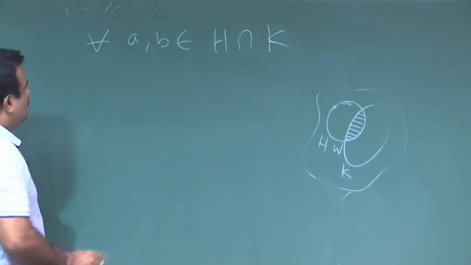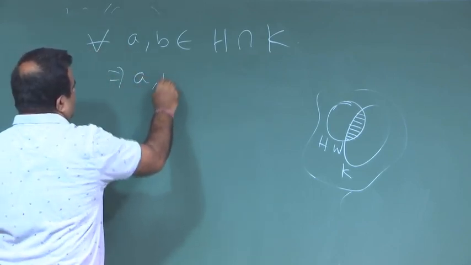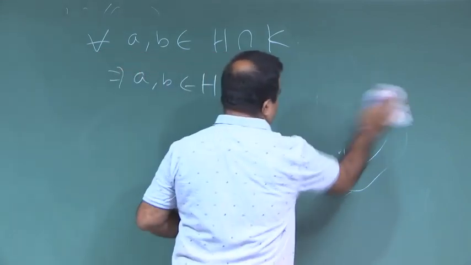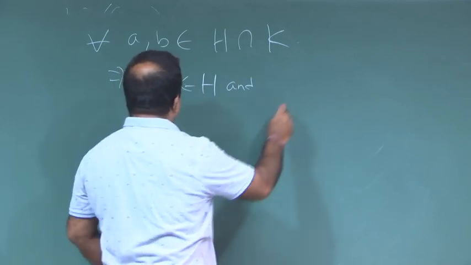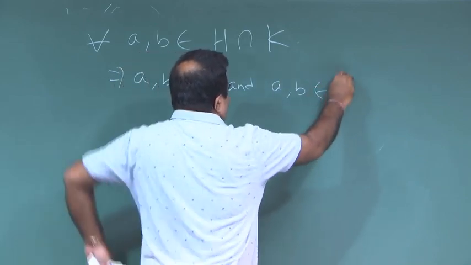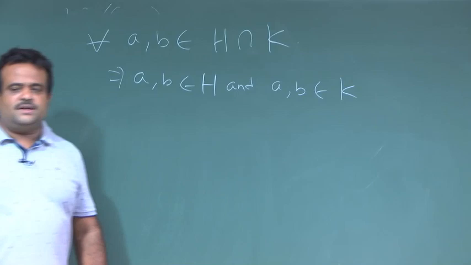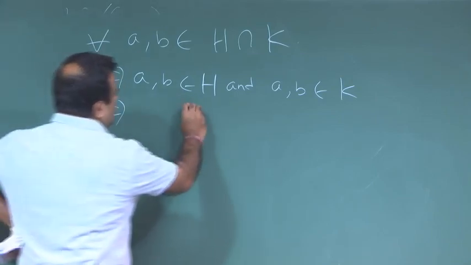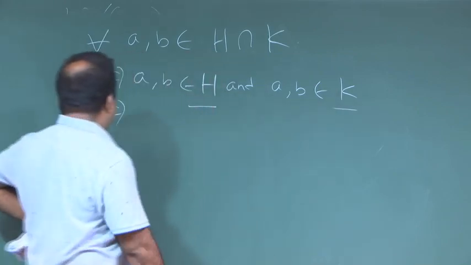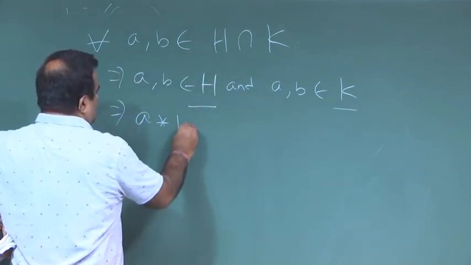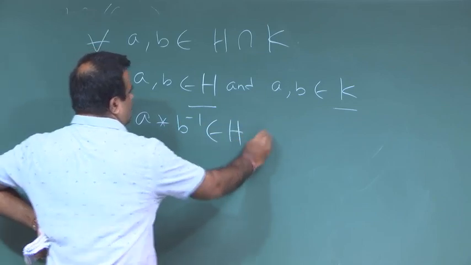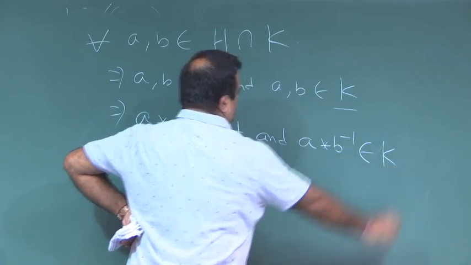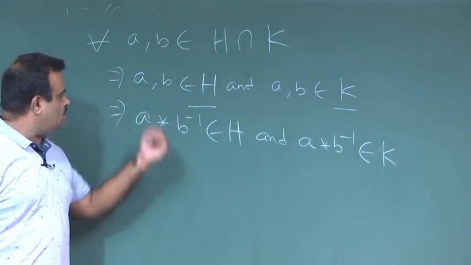Now, this implies A, B belong to H and A, B belong to K, both, because they both belong to their intersection. Now, this is a group, this is a group. So, this implies A star B inverse belongs to H and A star B inverse belongs to K, because this is a group.